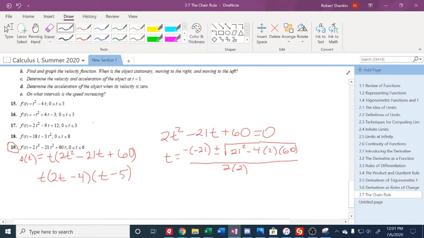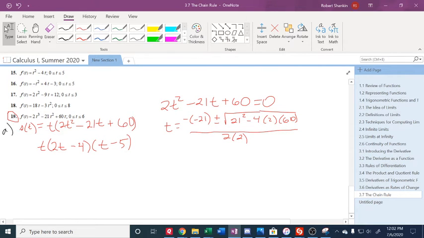All right. Part B, find and graph the velocity function. So here is A, and we'll leave a little space. We can come back to this later. Maybe during the break I can come and do that. For part B, we're going to take the velocity, which is the derivative of the s function.